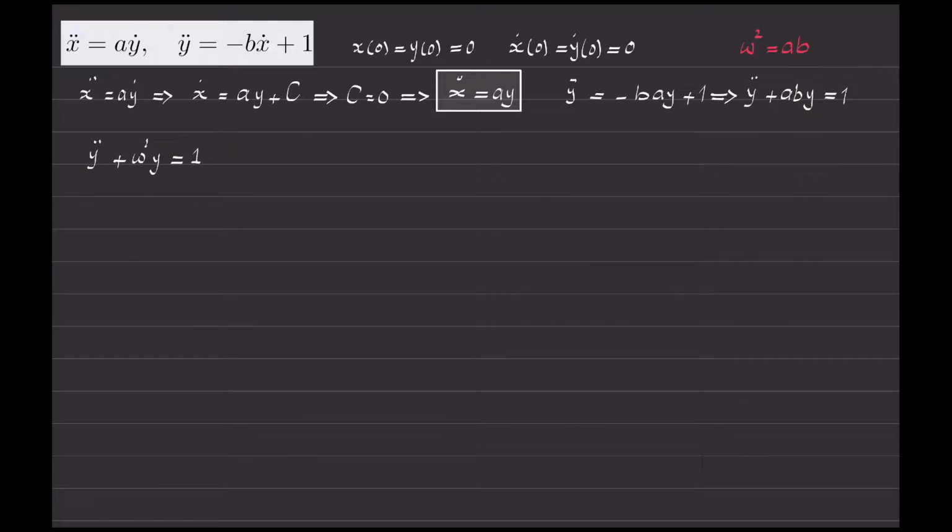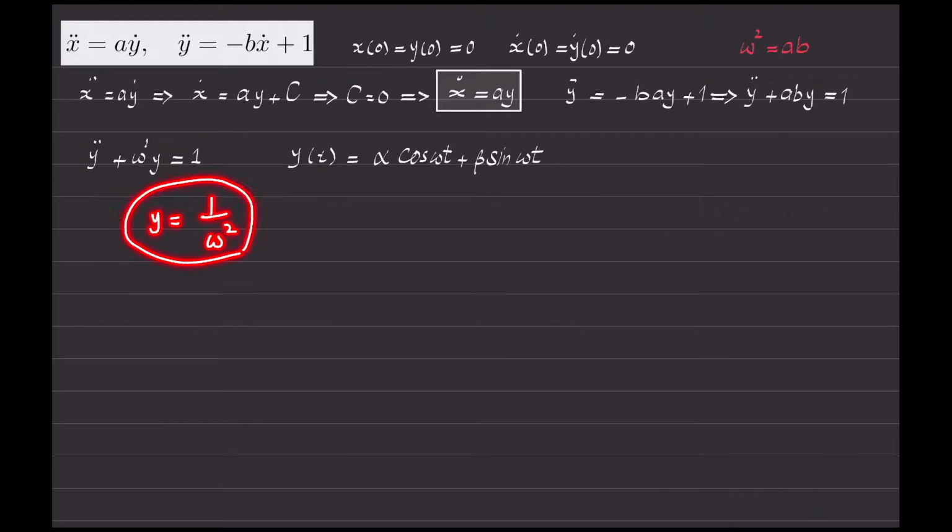But of course, if I put the left-hand side equal to 0, this is exactly the standard harmonic oscillator differential equation. And we already know that the answer is a constant, say alpha, cosine omega t, plus another constant beta sine omega t. But it is very easy to see that y equals 1 over omega squared is also a particular solution of this non-homogeneous differential equation.